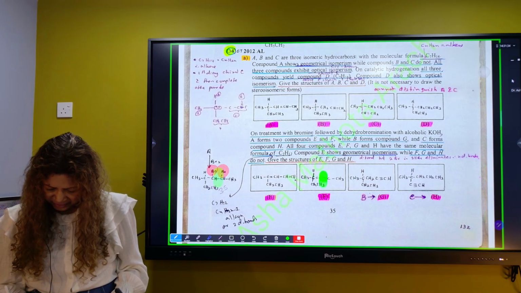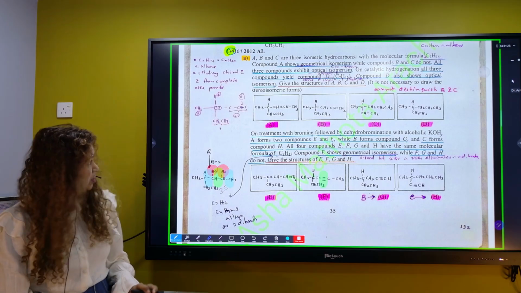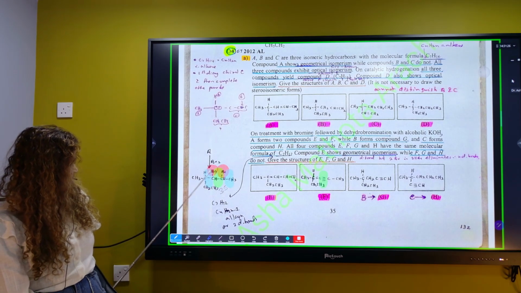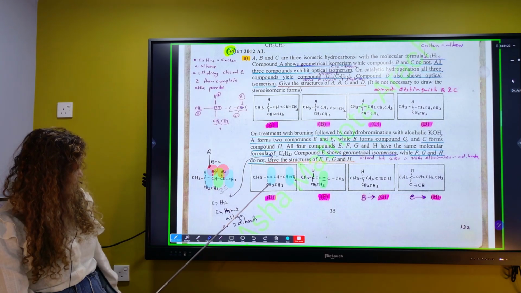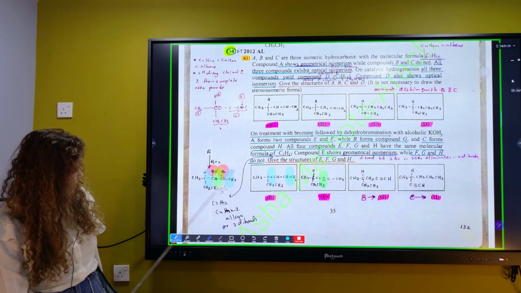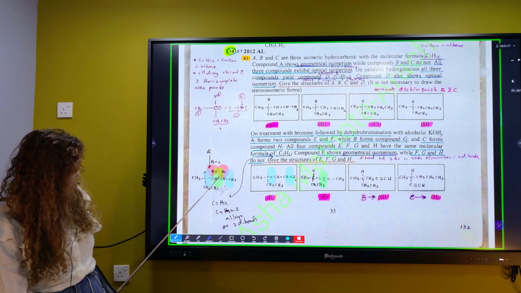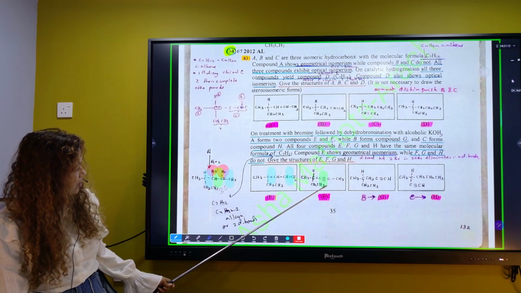But otherwise, let's say one HBr is coming from here and the other from here, then you are getting double bonds like this. If it is going from this green place in between two bromines, then you are getting this one.